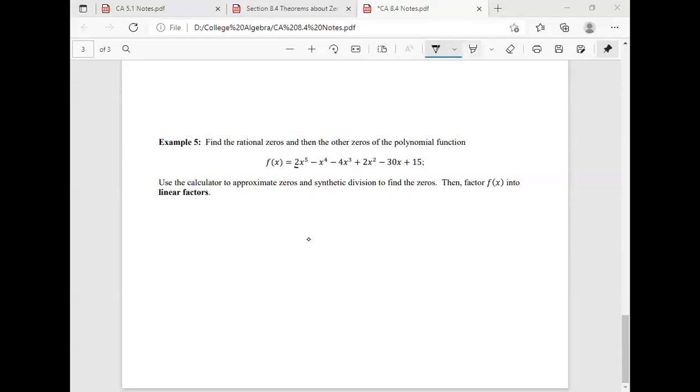So I'm going to go back and come down here and say, okay, well, if I know that one of my roots is 1/2 and I need to find the other roots, I can at least get started there and do synthetic division.